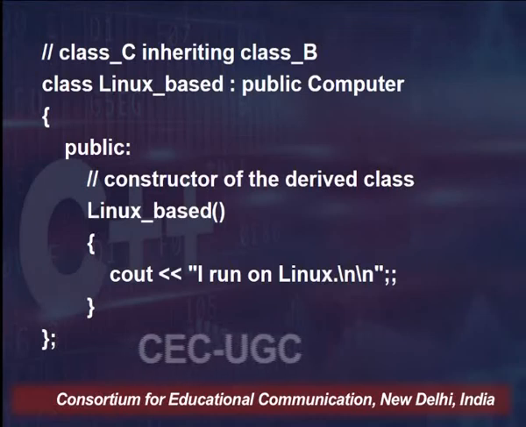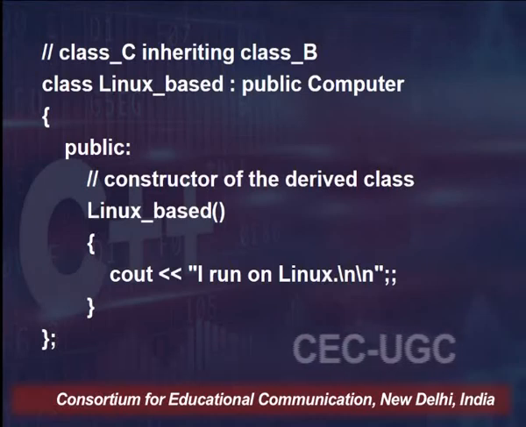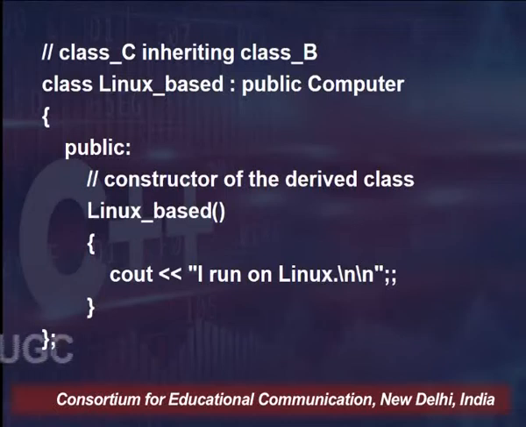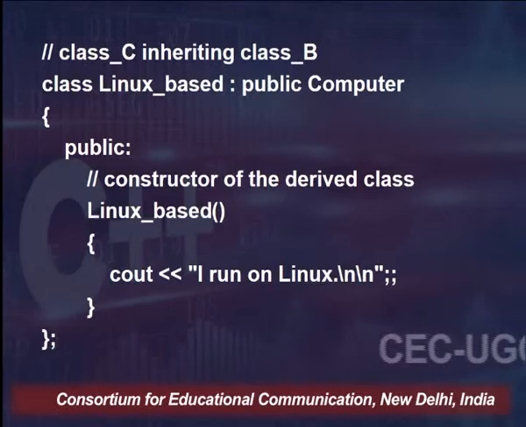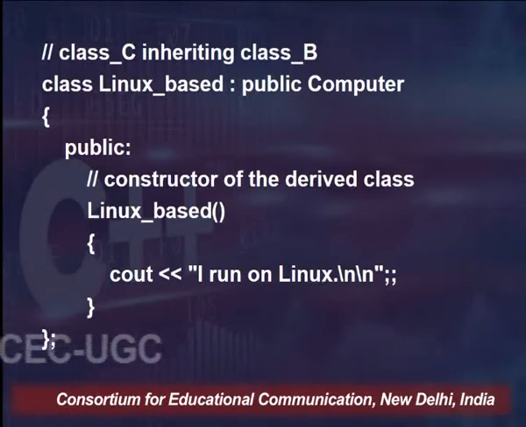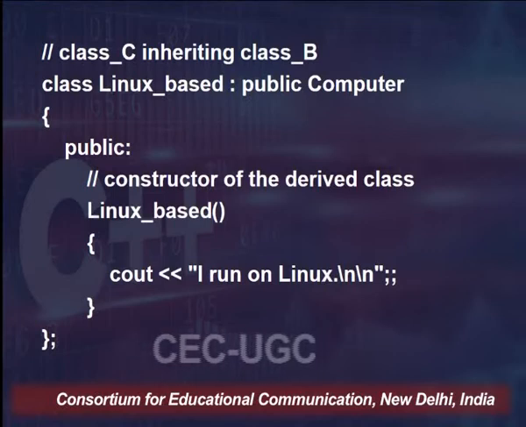happening? Now, this Linux based class in its public section has three member functions. One is its own constructor Linux based, and the other two members come from the class computer's public section.